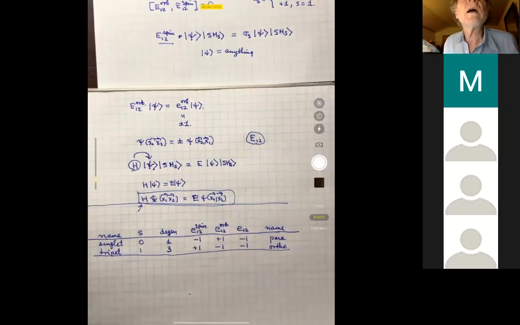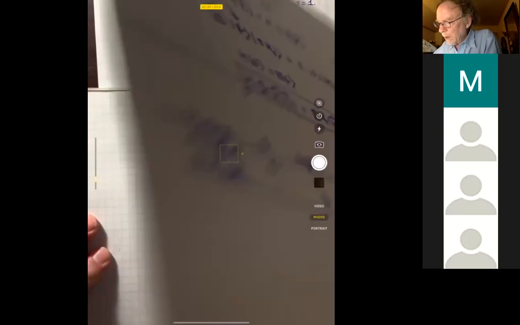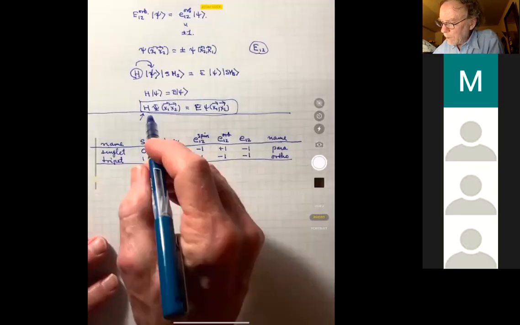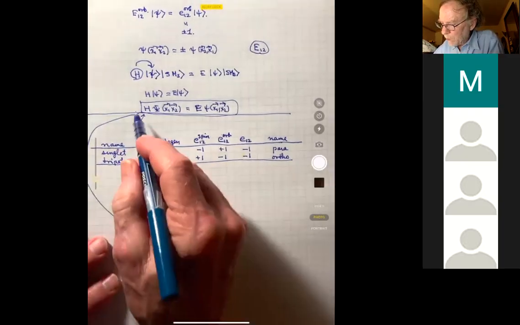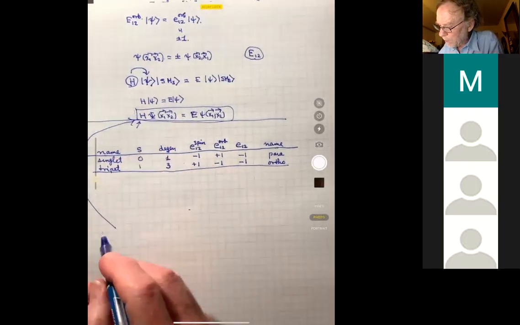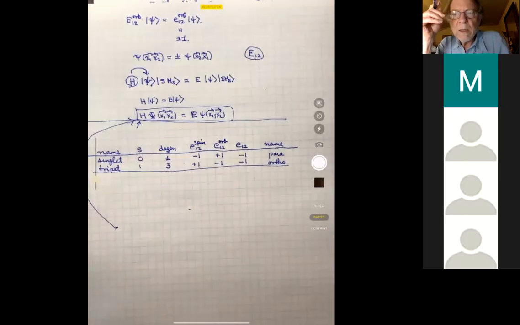Now, to go back to solving this problem, the Hamiltonian is a purely spatial problem. This is a difficult problem, and it's going to occupy us for more than tonight's lecture.